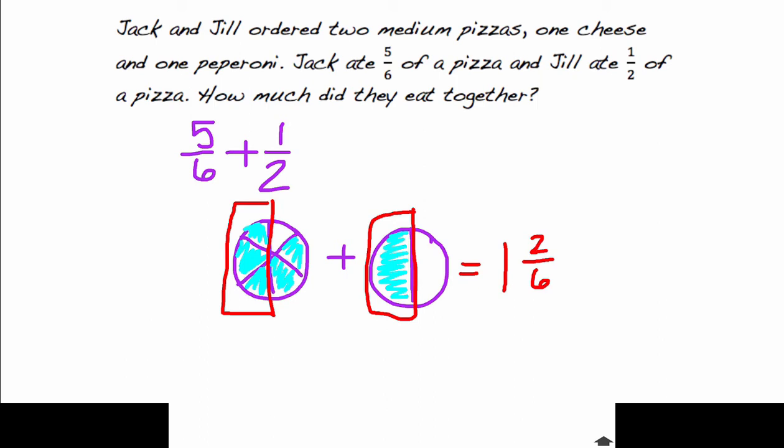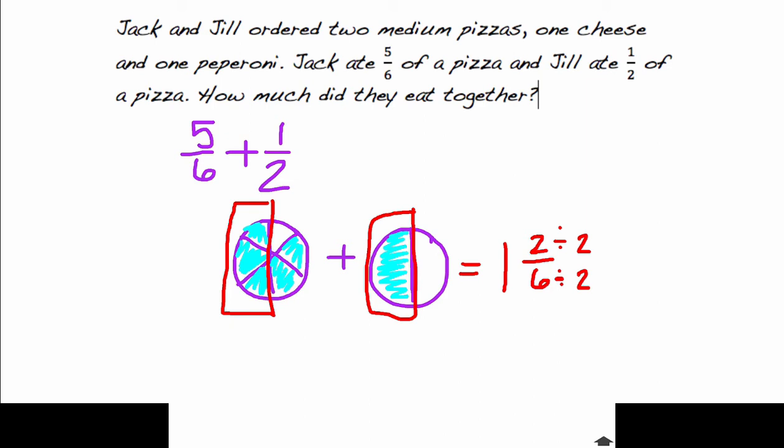However, we don't want to leave our answer like this right now, because you'll notice that the 2 and the 6 are both divisible by 2. And we want to simplify or reduce, the words are interchangeable, our fractions so that it is in the lowest possible terms or the simplest possible terms.